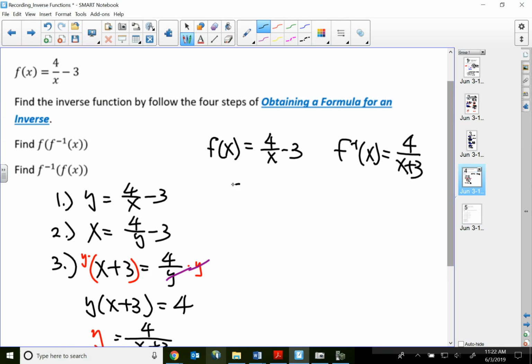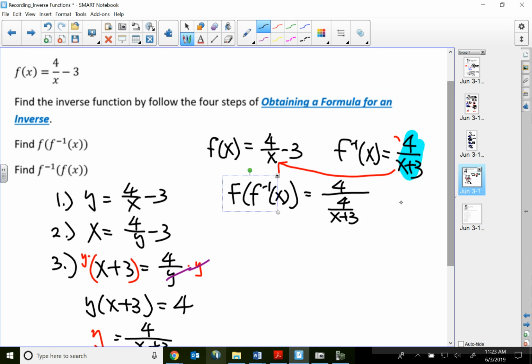So if I do an f of f inverse of x, that means substitute the f inverse into function f, wherever you see an x. So that becomes 4 over x plus 3, and then minus 3.